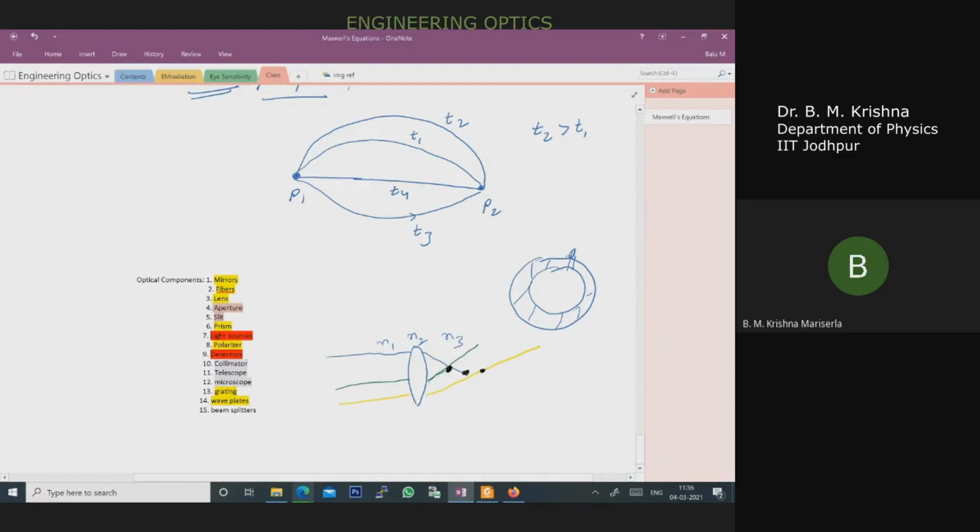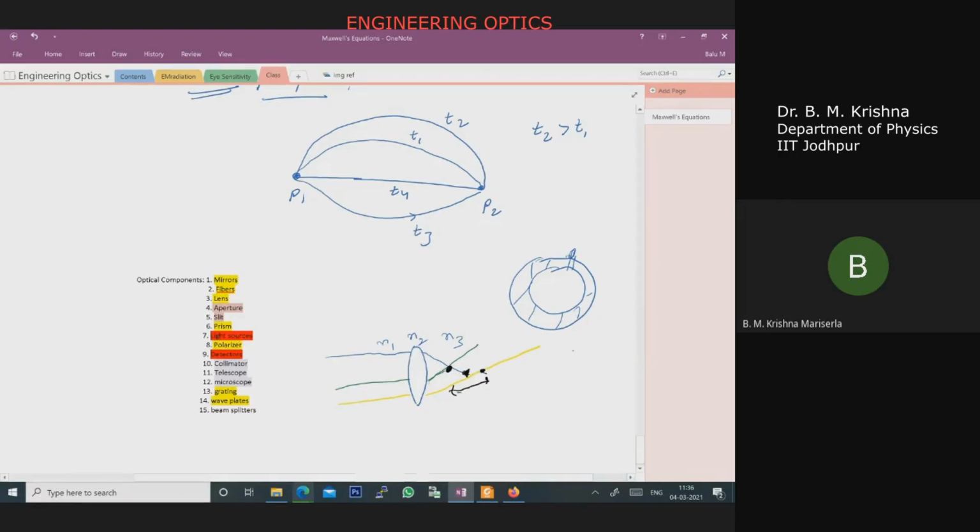The different colors are focusing at different positions because they travel through a medium where the wavelengths experience different refractive indices. Because of that, the image is formed at different positions, and you will see a blurring effect.